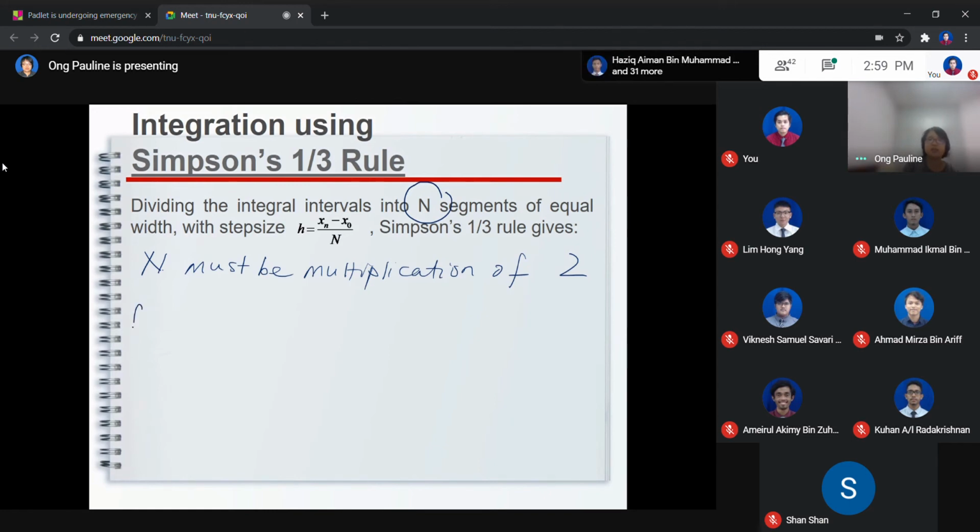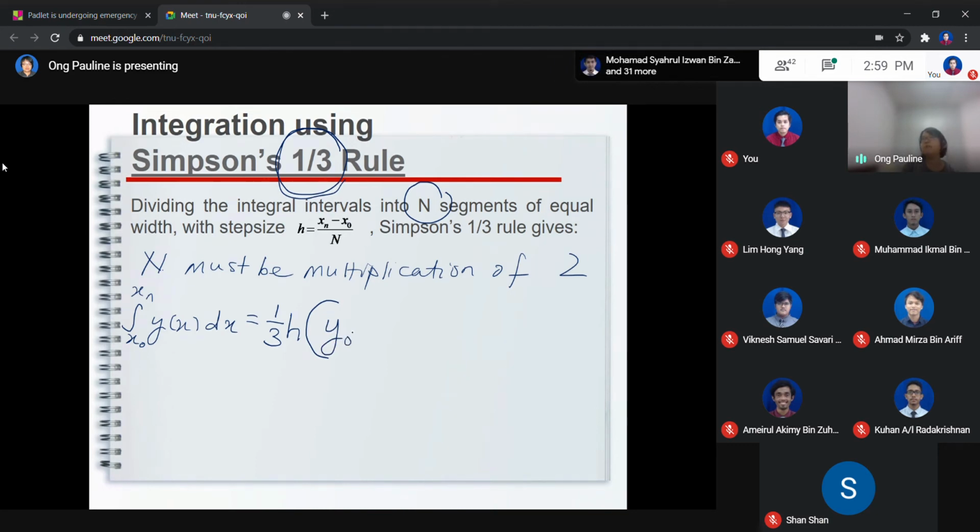So the Simpson's 1/3 rule is given by this formula. The integration from x0 to xn of y(x) dx equals 1/3 h, and inside the bracket, we have the starting point y0.